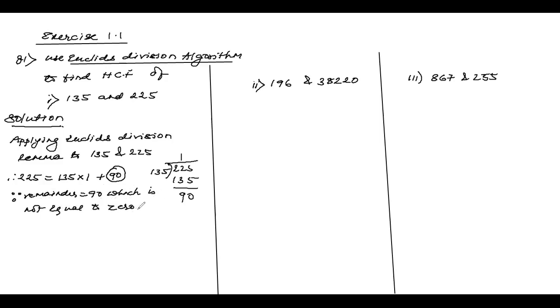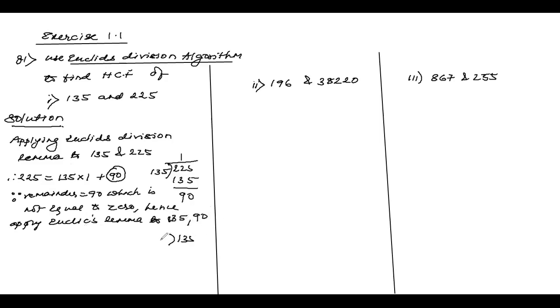Hence, applying Euclid's division lemma 2. अभी कौन सा डिवाइजर था? 135. So 135 A बन जाएगा and B बन जाएगा 90. Got it? Use division. So what do you get, children?